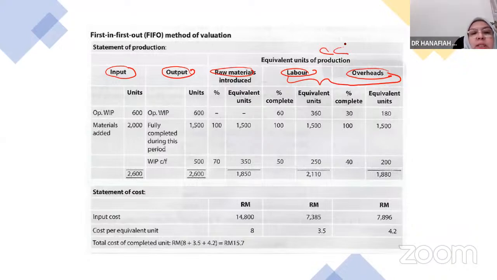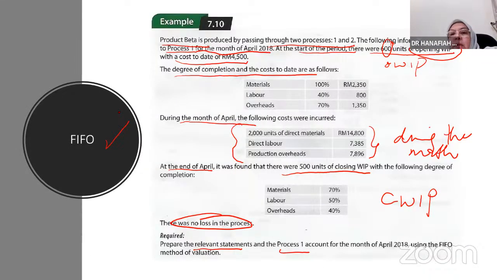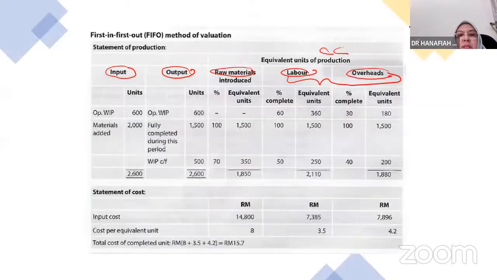The opening work in progress, how much is it? 600 units. With the FIFO method, the first 600 will come out first. So, first in, first out. Therefore, this is going to be completed, and you have to know the cost here, and the labor.